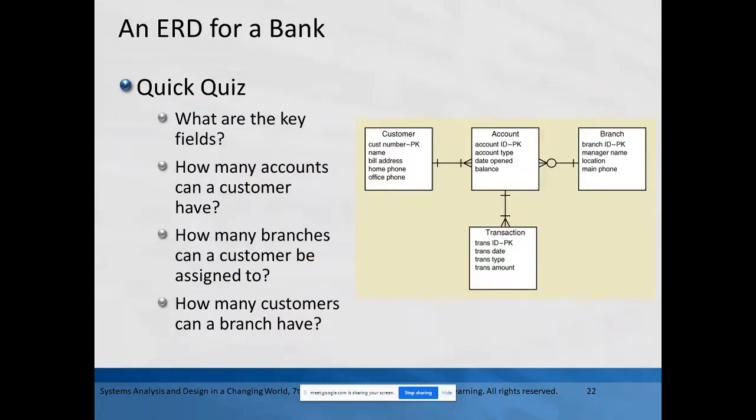So for an example here, we see customer, account, branch, and transaction. I think these are pretty self-explanatory. What are the key fields? Well, the ones that say PK next to them: customer number, account ID, branch, and so on and so forth. How many accounts can a customer have?